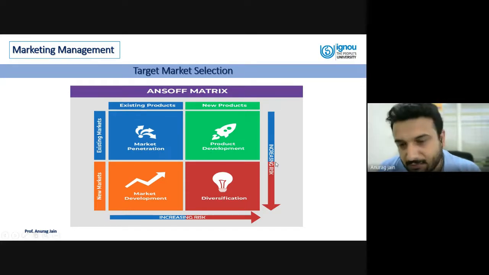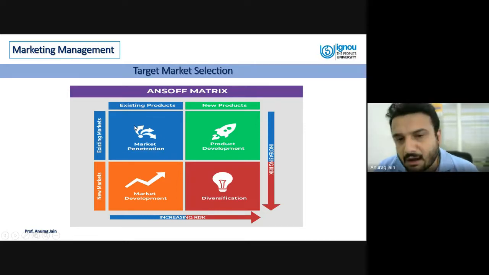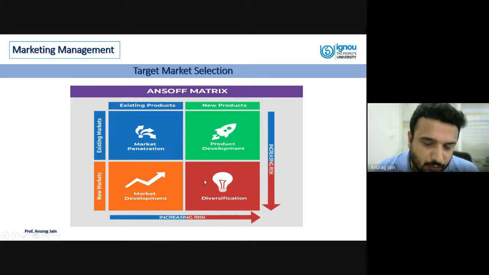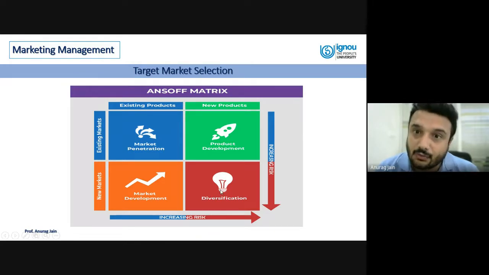One interesting thing is that there is less risk if your product is existing and you are going to tap the existing market, because you know the dynamics and have a detailed understanding of the market. So it will be a safe game for you. But diversification is a risky affair, because the market is new for you and the product is also new.